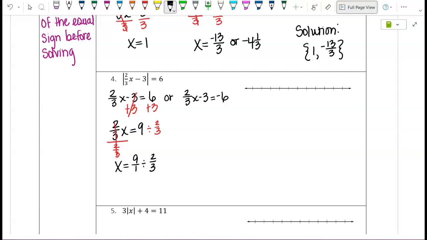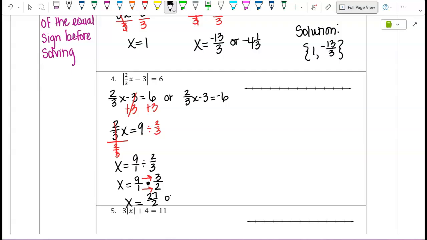There's one other step in there. I have to invert the second fraction. We invert and multiply. So this becomes x equals 9/1 times 3/2. Now I do multiply numerator to numerator, denominator to denominator. So I get x equals 27/2.